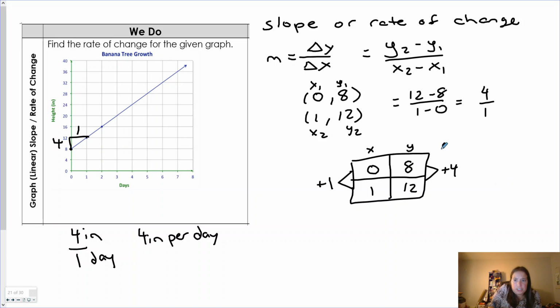If I look at the change in y over the change in x, then surprise, surprise, I get the exact same answer. Method 1, graph; method 2, formula; method 3, table. Three different ways to do these problems.